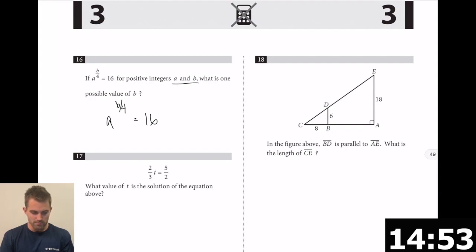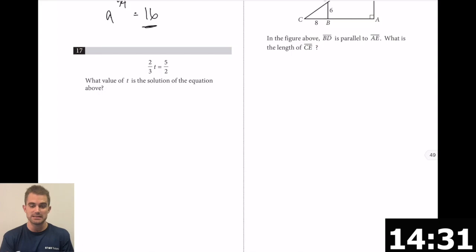One possible value of b would be 8, if a was 4. So 8, because 8 divided by 4 is 2. If a is equal to 4, 4 to the second is equal to 16. So I think we got that one right. Again, it shouldn't be too hard because number 16 for the SAT is not supposed to be particularly difficult.